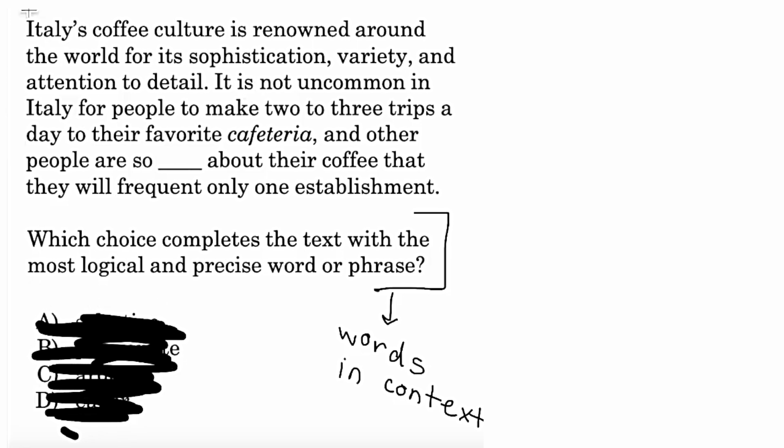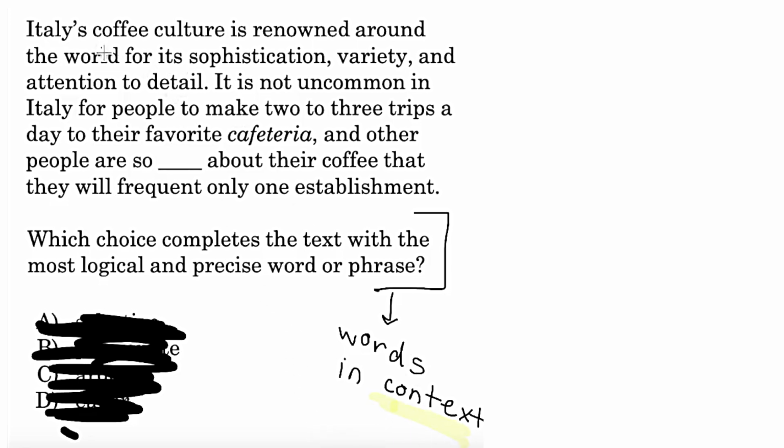So let's read through this problem. Italy's coffee culture is renowned around the world for its sophistication, variety, and attention to detail. It is not uncommon in Italy for people to take 2 to 3 trips a day to their favorite cafeteria, and other people are so blank about their coffee that they will frequent only one establishment.